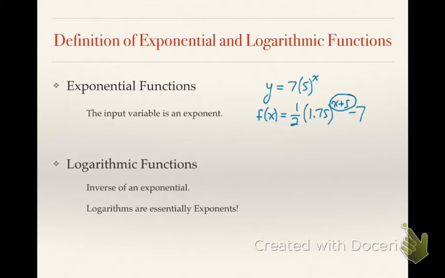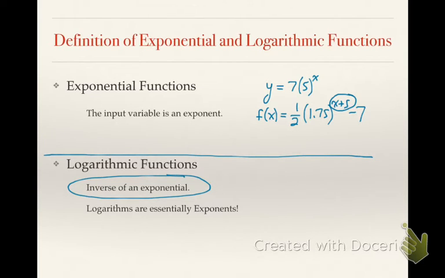A log function is just the inverse of an exponential. Before I show you an example, let's just talk about inverses briefly for a moment. So if I had the function y is equal to 2 to the x, and if I ask you to find the inverse of that function, that means you switch the x and the y, so you get x is equal to 2 to the y. But we didn't really have, up until this point, a way to get rid of that y as an exponent.